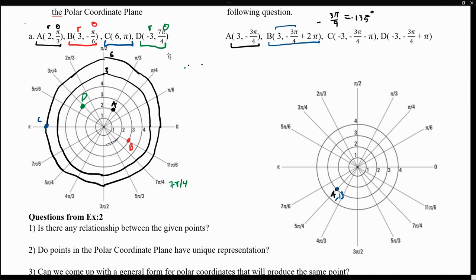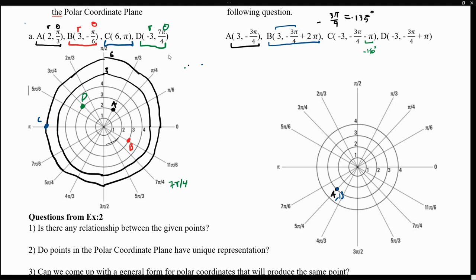And now to plot C. Let me start by looking at its angle. Negative 3 pi over 4 is exactly this, negative 135 degrees. Now if I subtract pi, I'm subtracting 180 degrees. So once I have traveled negative 135, I want to go 180 degrees in the opposite direction.